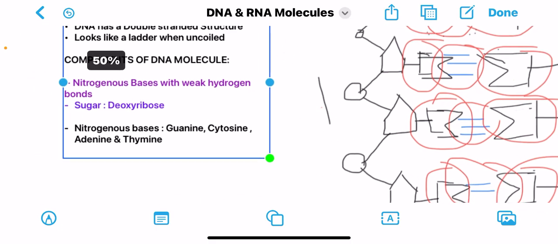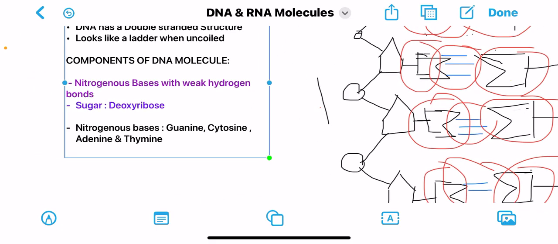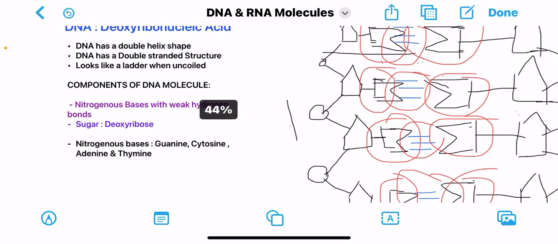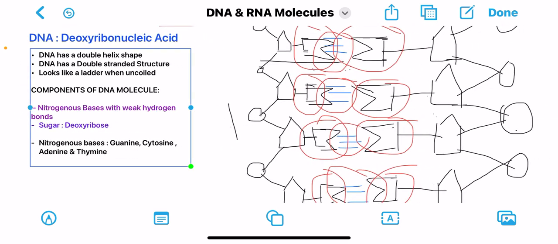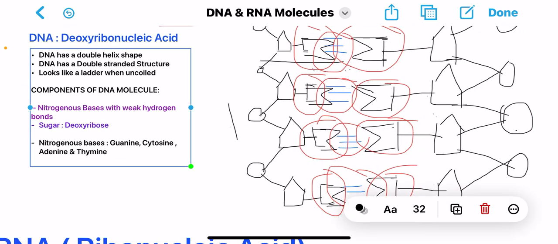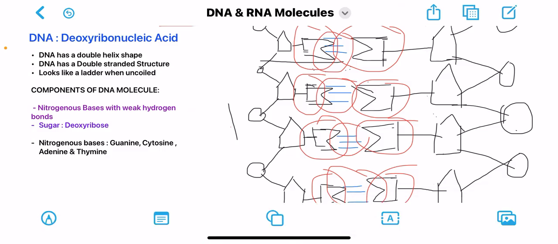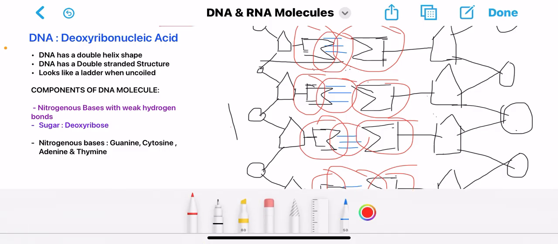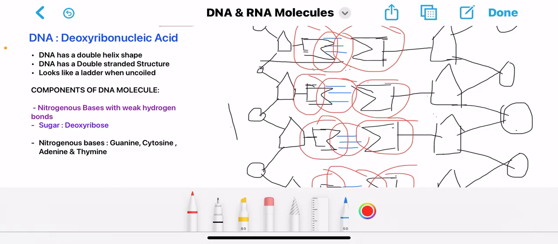Now, another component is the sugar. The sugar of a DNA molecule is not the sugar that we eat at home. This is the sugar that is needed for your body to begin to build up proteins, and it is produced within the DNA. The sugar in the DNA molecule is called deoxyribose.